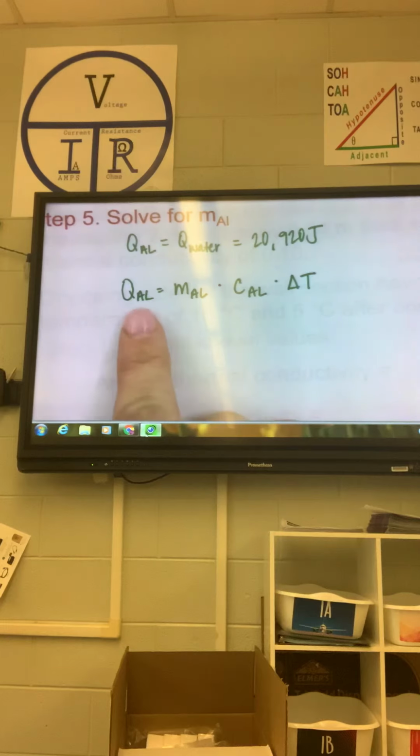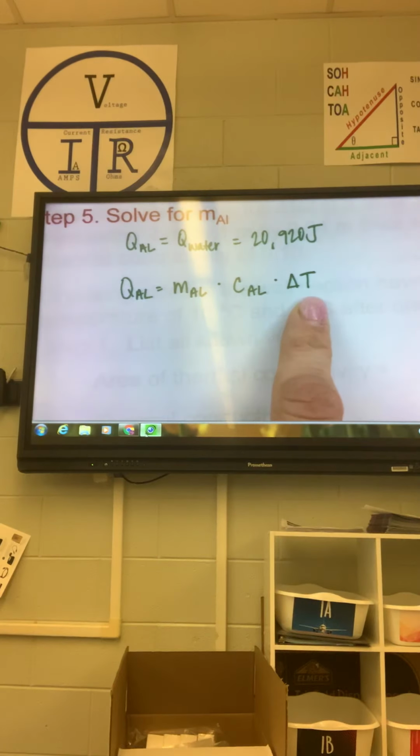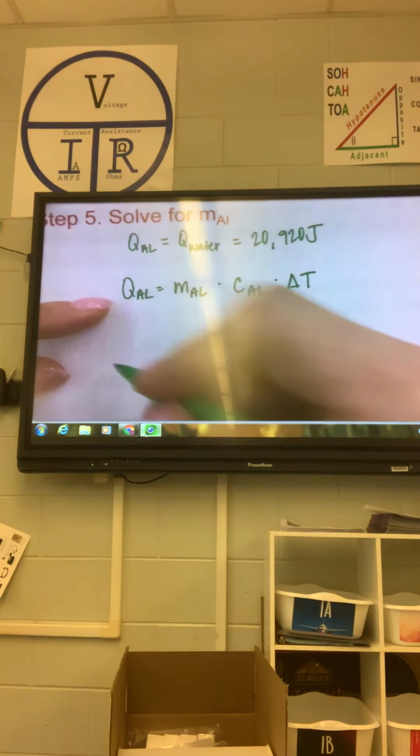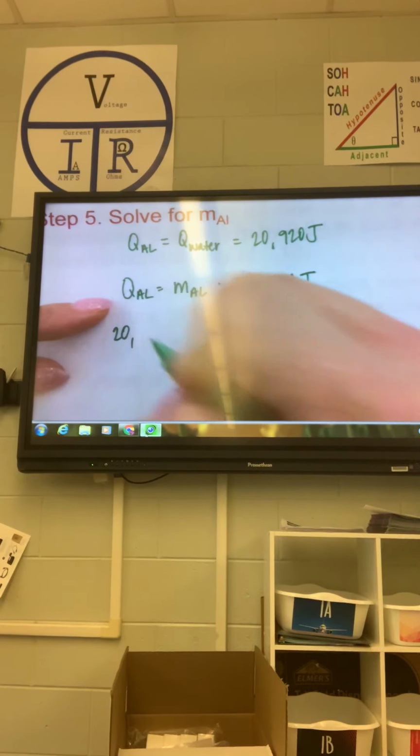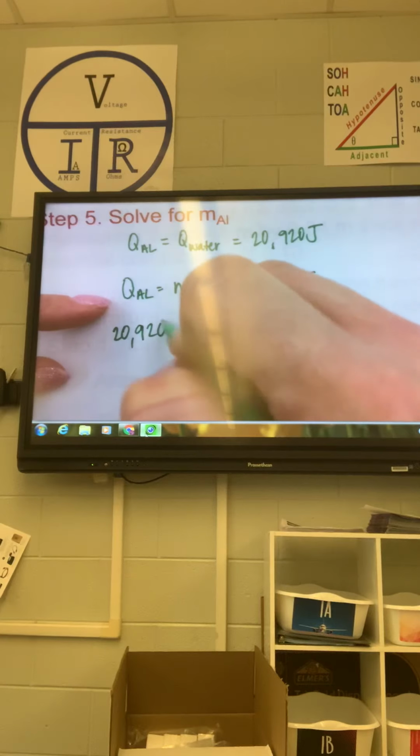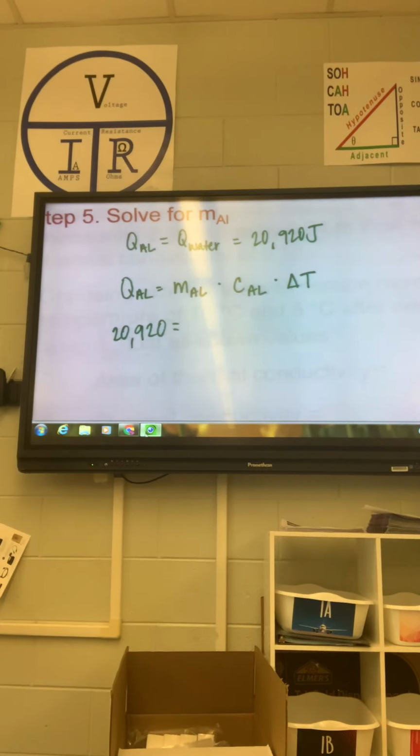So the energy transferred from aluminum equals the mass of the aluminum times the heat capacity times the change in temperature. And you just start plugging. So my energy transferred is 20,920. Again, I'm gonna drop the units. What's the mass of the aluminum? 1 kilogram? You don't know.